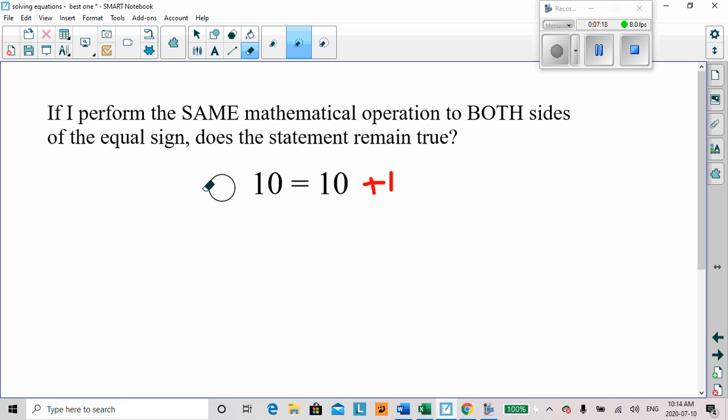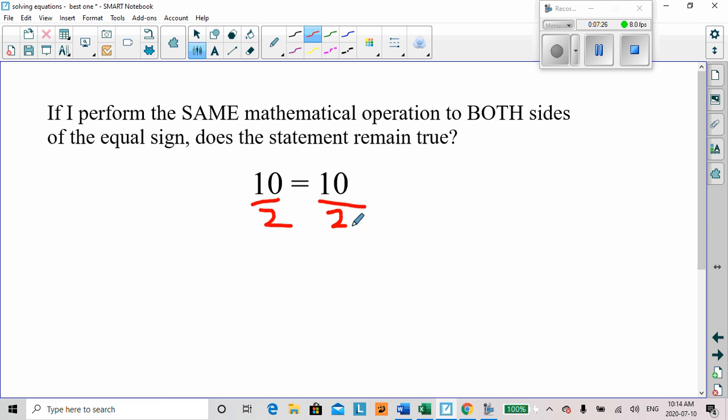What if instead, I'm going to divide both sides by 2. Both sides equal 5, so it's still true. I have to perform the same operation to both sides to keep my equation balanced. So the teeter-totter is balanced.